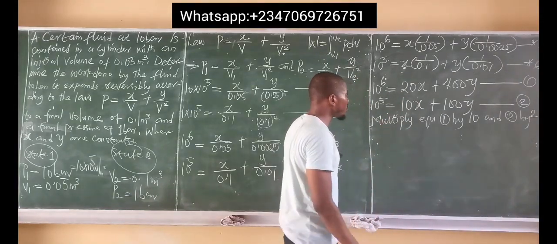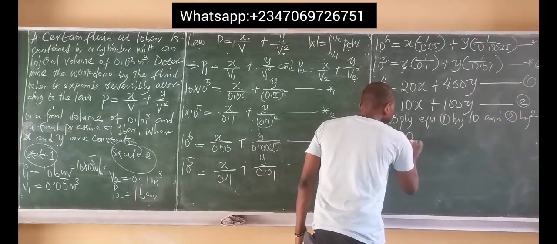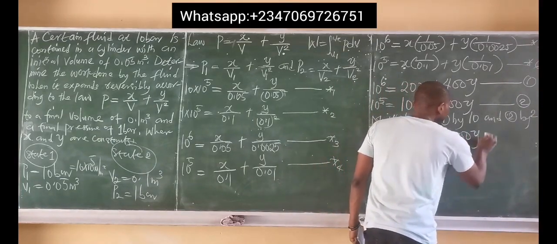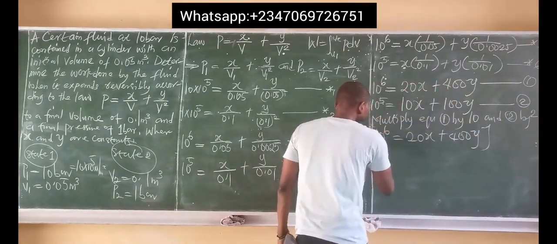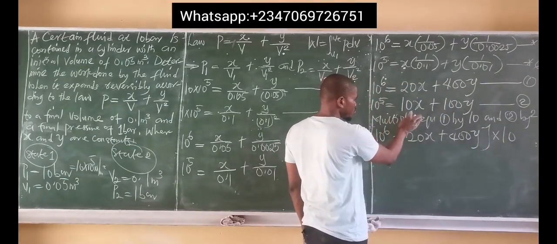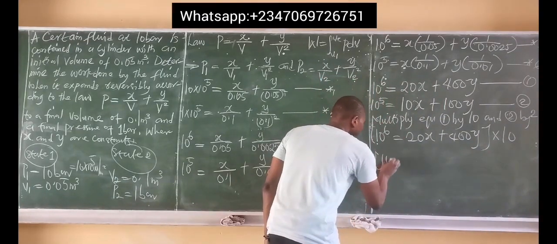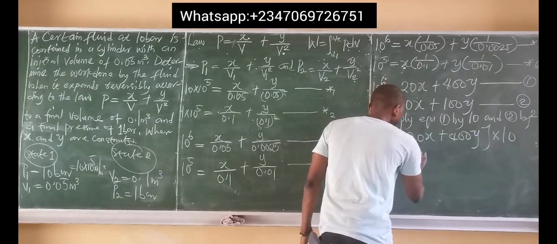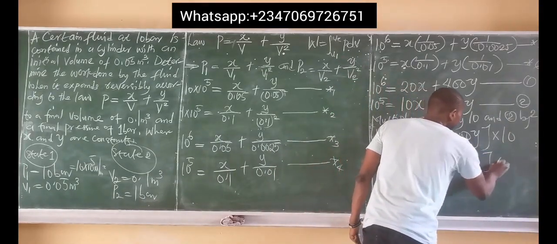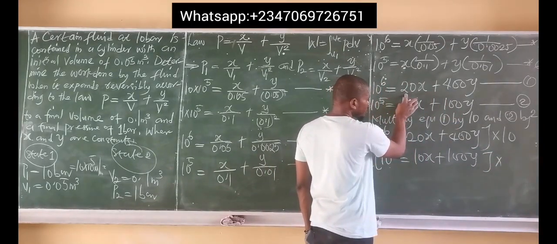So by so doing, you're going to have 10 to the power of 6 equals 20x plus 400y, the whole of this multiplied by 10, which is the coefficient of x in equation 2. Again, for equation 2, we have 10 to the power of 5, which is equal to 10x plus 100y. Now you're multiplying this equation by the coefficient of x in equation 1, which is 20.